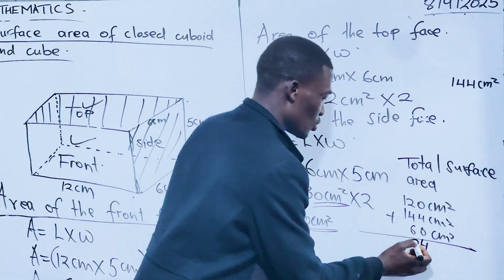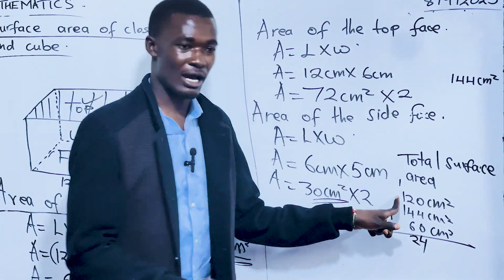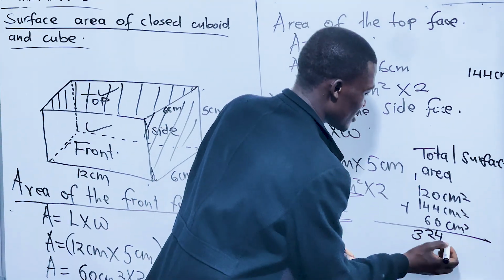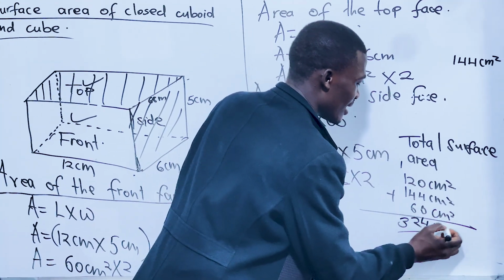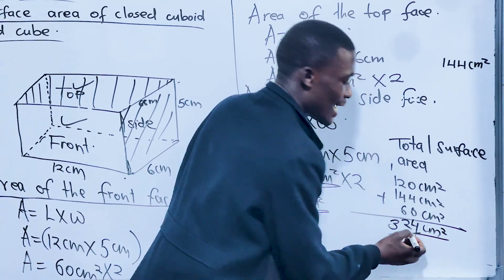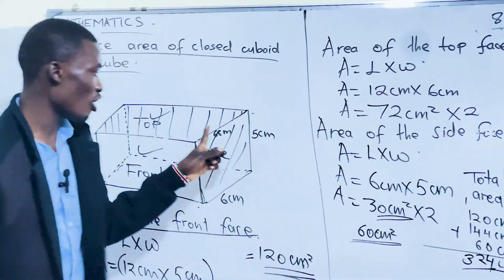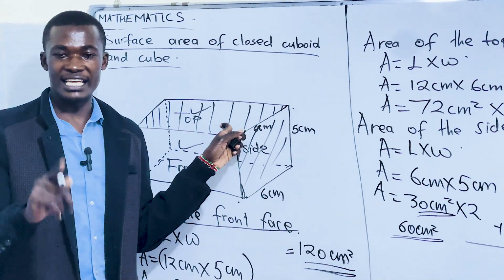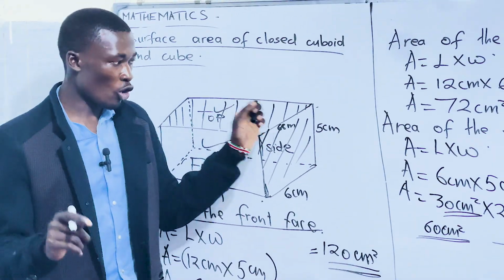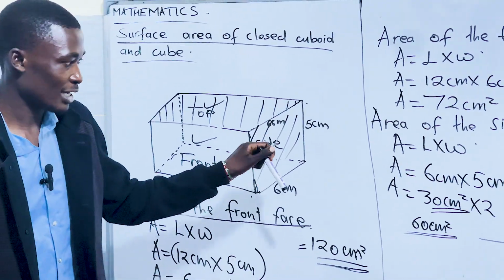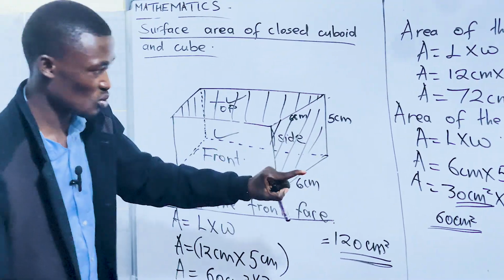So we write here 2 carry 1. 1 plus 1, 2 plus 1. So the total surface area is 324 centimeter squared. That is the total surface area of this figure if it is closed. Or the other way that we can also use to get the total surface area is this way.